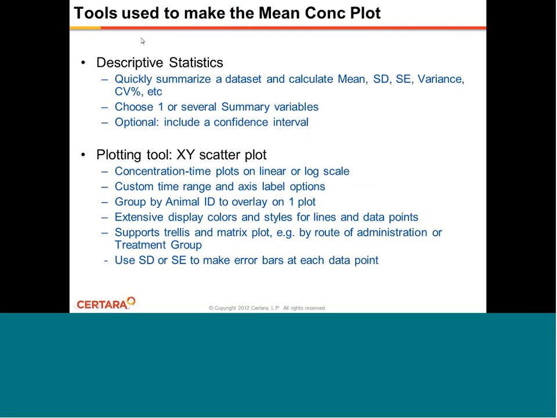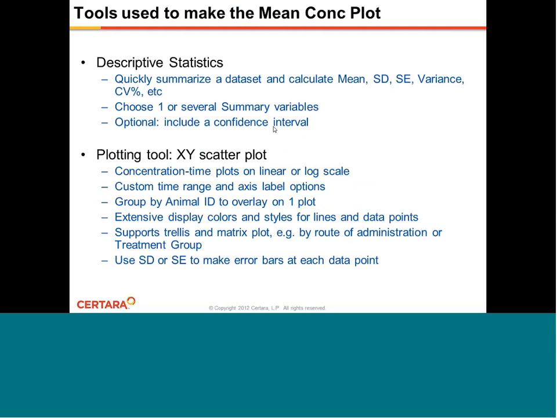The Phoenix tools used to make the mean concentration plot include the descriptive statistics tool. This is used to quickly summarize a data set and calculate statistics such as the mean, standard deviation, standard error, variance, coefficient of variation, etc. You can choose one or several summary variables and also retain the option to include a confidence interval.